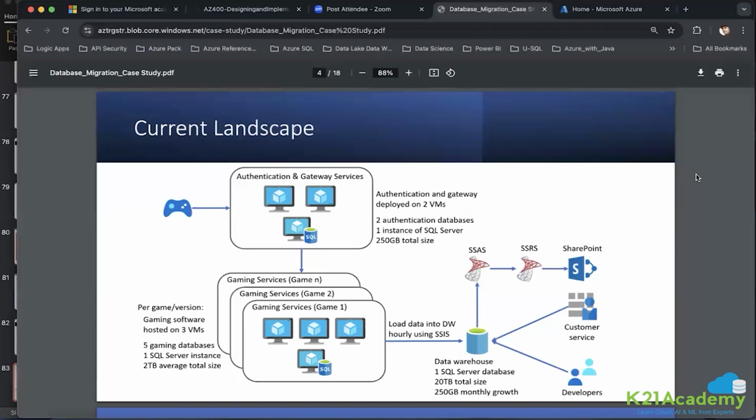So any organization running their services on top of that platform has to migrate from 2008 to 2012 or 2016 or something, right? So that was their decision. Whatever current platform they have up and running, they just wanted to migrate from on-premise to cloud, modernizing and migrating the data platform services for each gaming platform from on-premise to cloud.